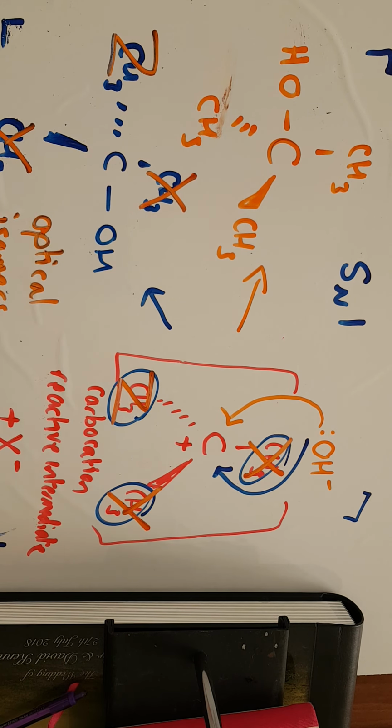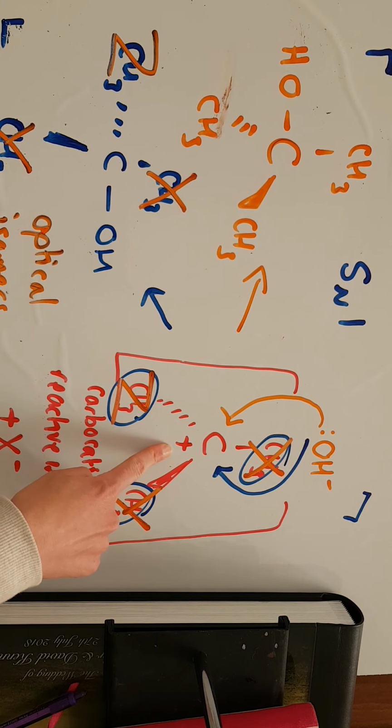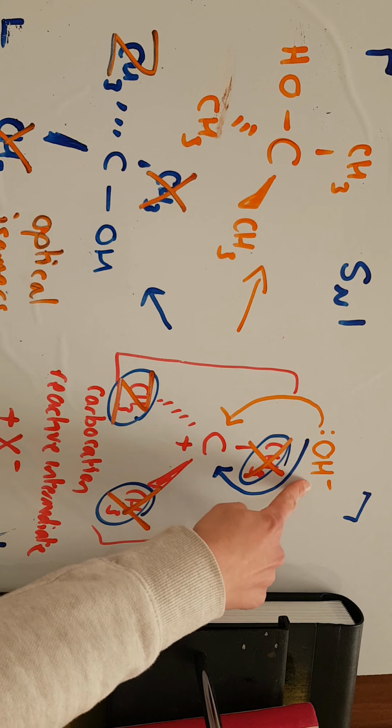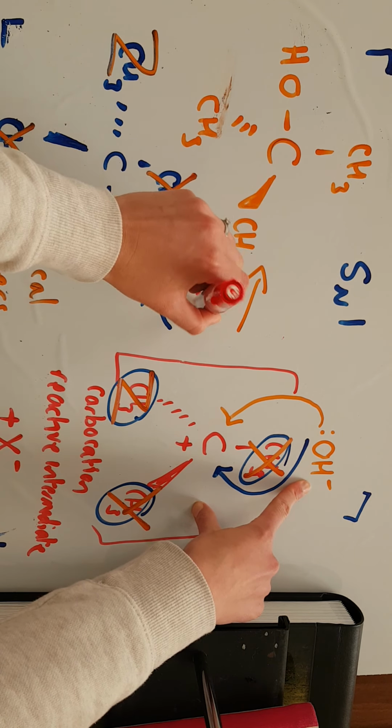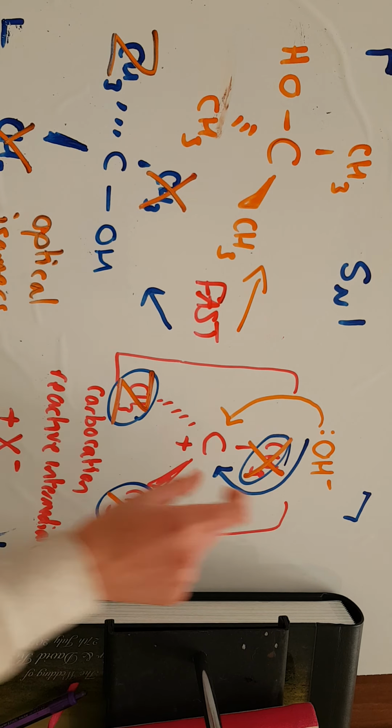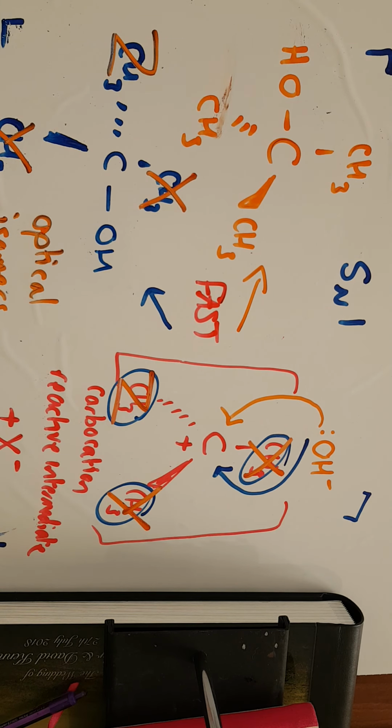Okay, this step here, because we have a reactive intermediate with a positive charge reacting with something that has a lone pair of electrons and negative charge, this is going to be fast. So that's going to happen super speedy. So the slowest part of this reaction is the first part, where you're waiting for that halogen to drop off there. Okay, a couple of things that we can say about this.